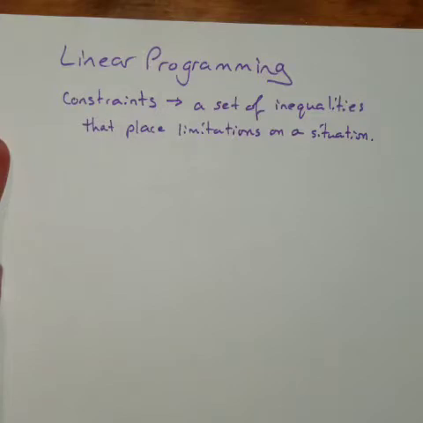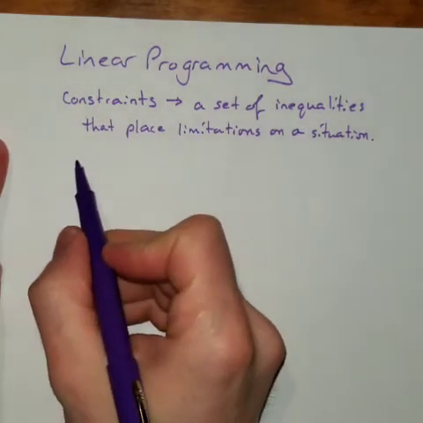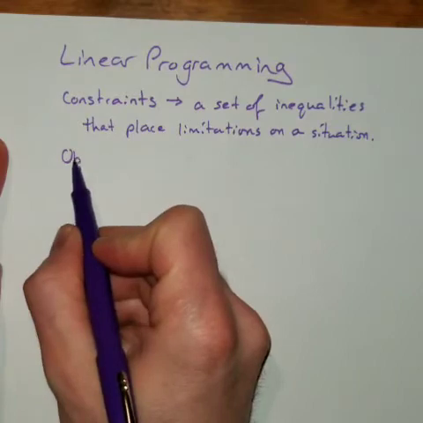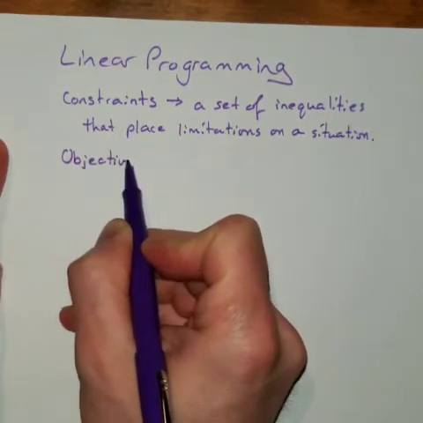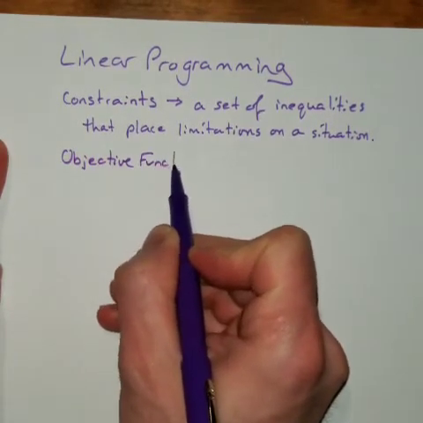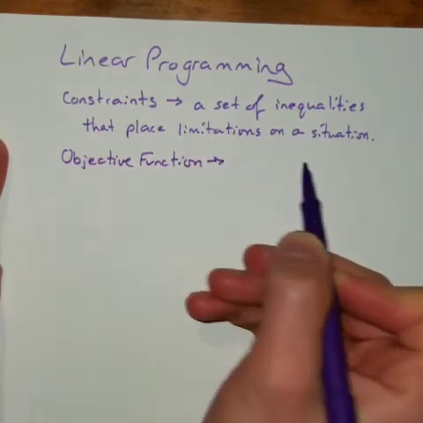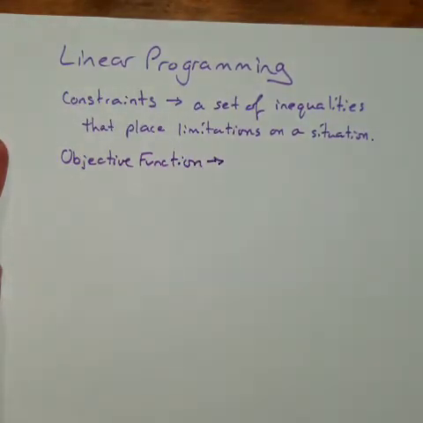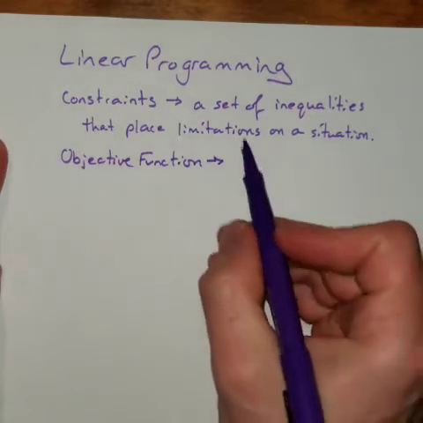The other thing we're going to have to keep in mind is something called the objective function. The objective function is the quantity that we're trying to either maximize or minimize.